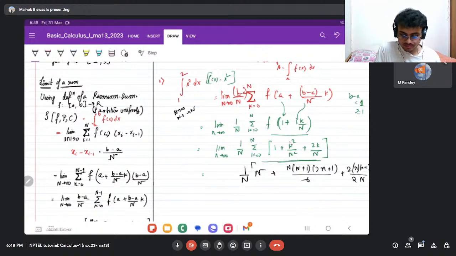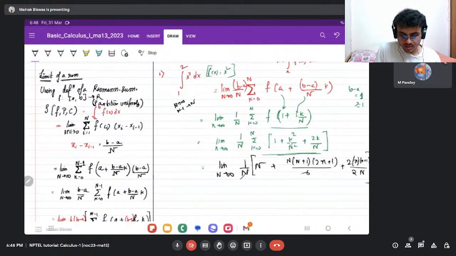Divided by n. Agreed? Limit n tends to infinity. This becomes 1 plus, and you have n square here, so n goes here, so it becomes n cube. So this is also 1 by 6 plus this becomes 1.